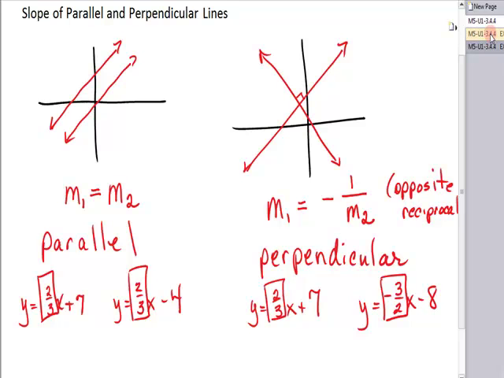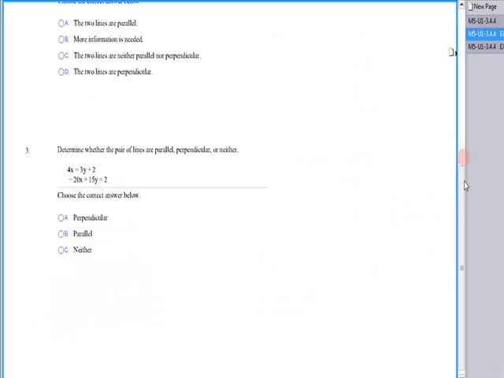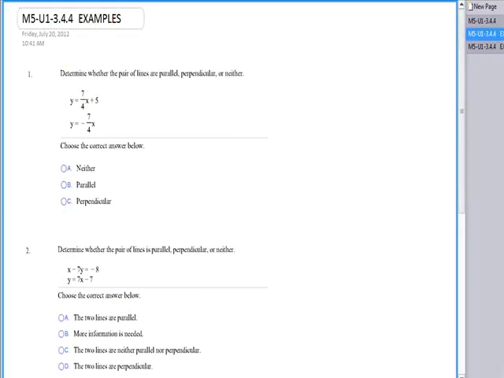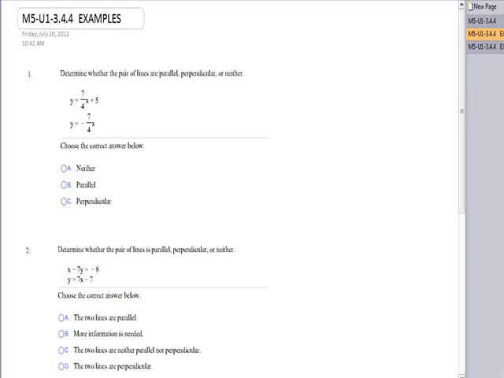So let's see what we're going to be asked to do. It says determine whether the pair of lines are parallel, perpendicular, or neither one. So I have, this is nice, they're given to me as y equals 7/4 x plus 5 and y equals negative 7/4 x.